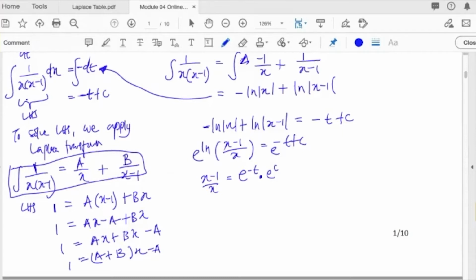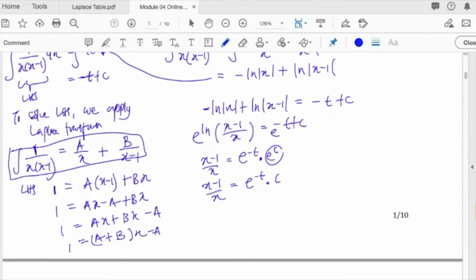We can say this exponent c is equal to a constant. So what is the value of the constant? We apply the initial value information, where if t equal to 0, we have x equal to 2.